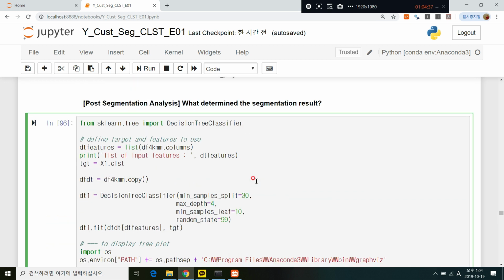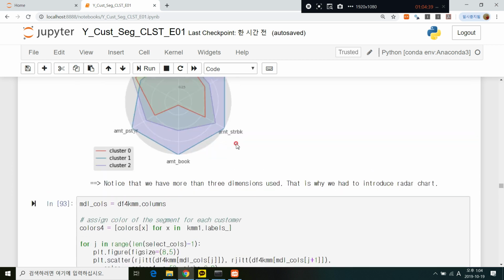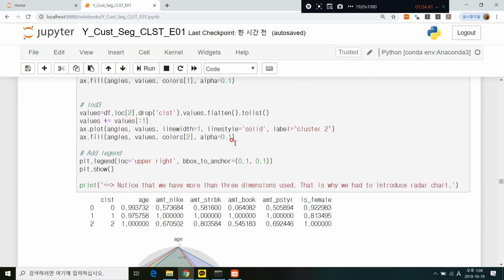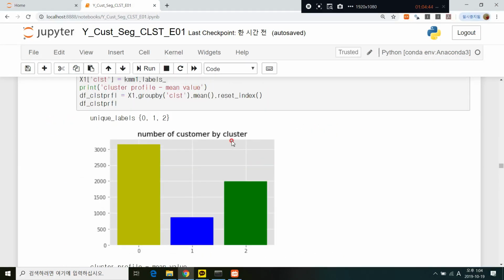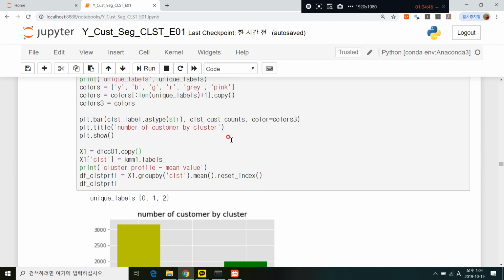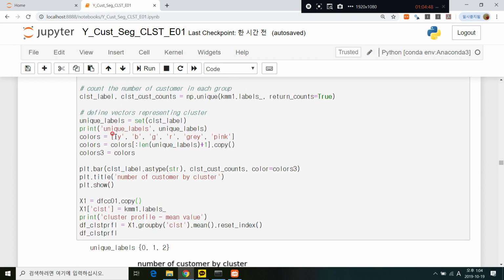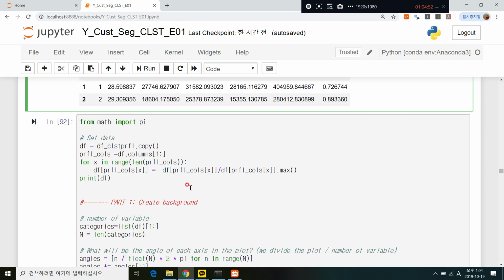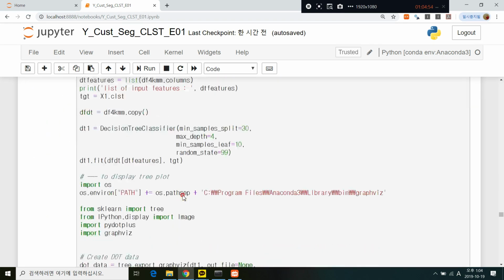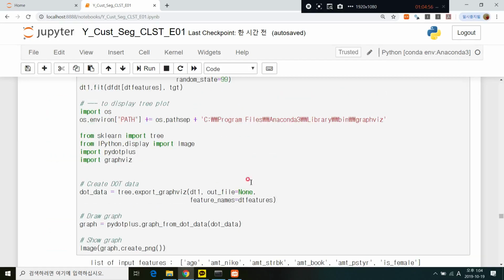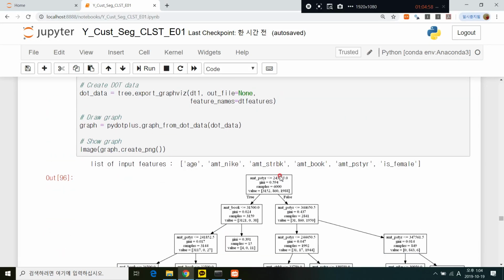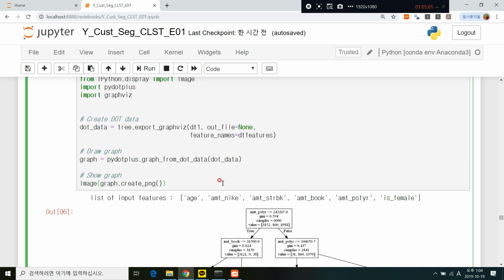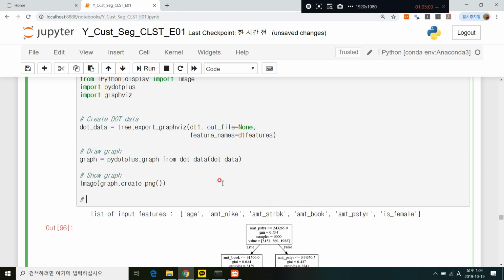What was that? I forgot it. So maybe we have to check the color names. YBG. Okay, let's just not forget this. If you add a comment here, then we'll never forget.